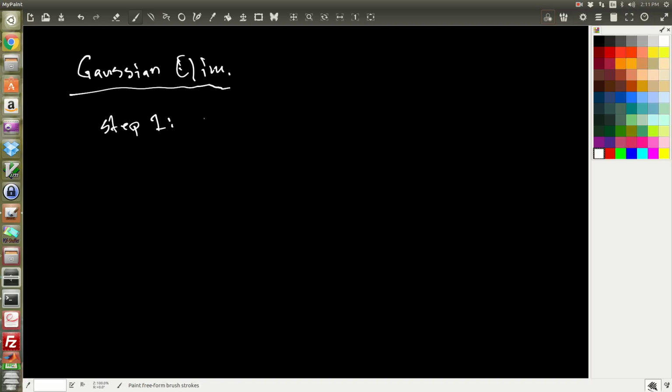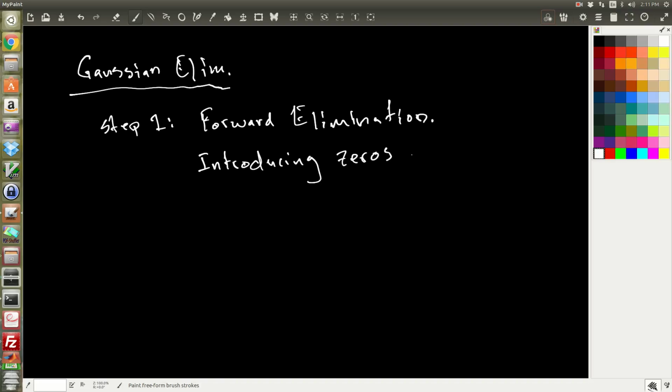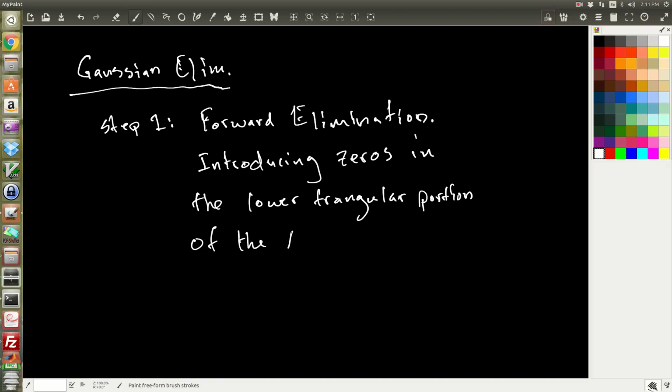Step 1 is called forward elimination, and that amounts to introducing zeros in the lower triangular portion of the A matrix. Okay, so that's the first step.